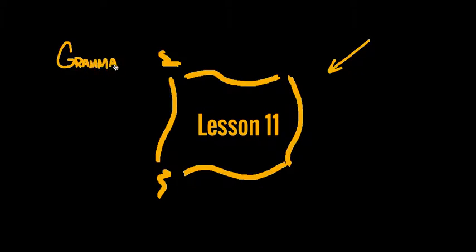So our topic will be the regular verbs. As you already know, we have already talked about regular verbs regarding their simple present structure, and today we're going to talk about the simple past structure. So the regular verbs and the simple past.